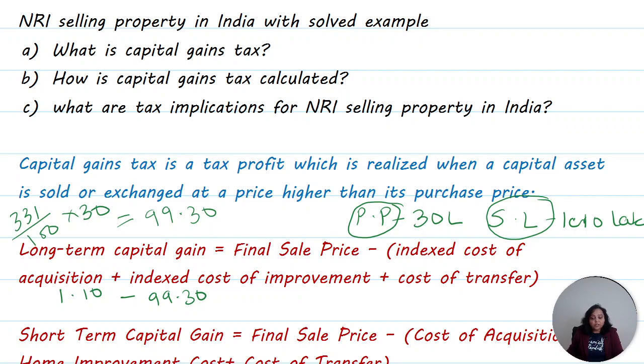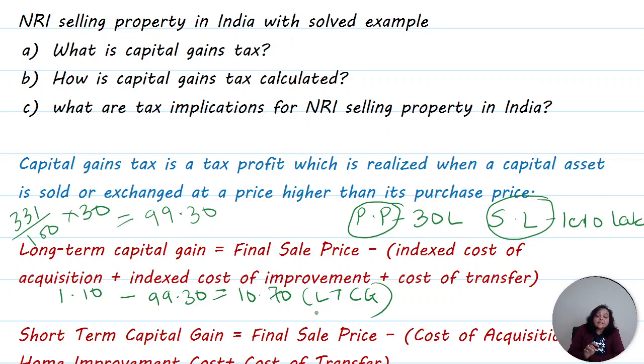This is going to be your capital gains. So, your capital gains will be 10 lakh 70,000. On this 10 lakh 70,000, you will have to pay tax at long-term capital gains tax rates, LTCG, correct?